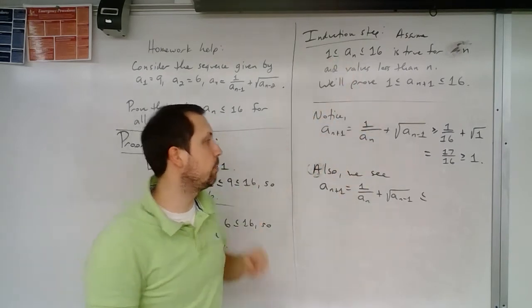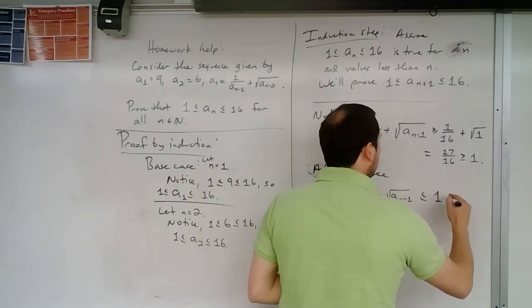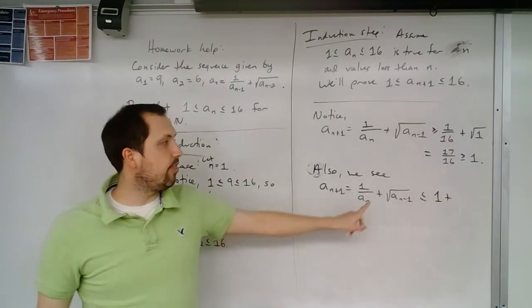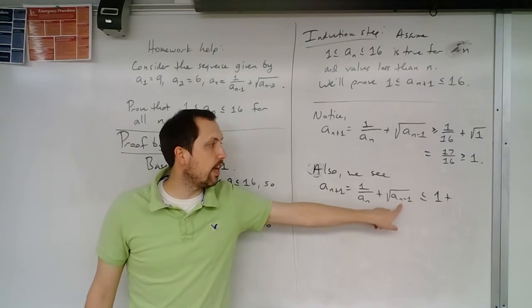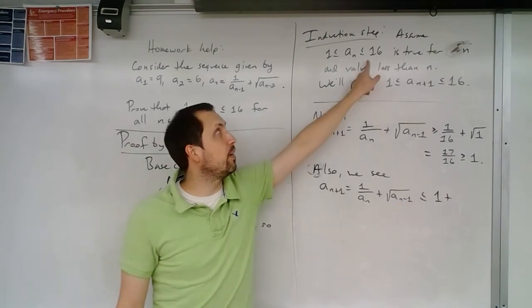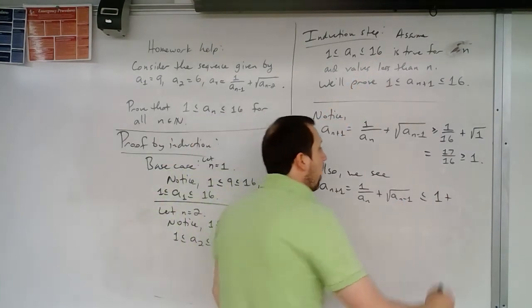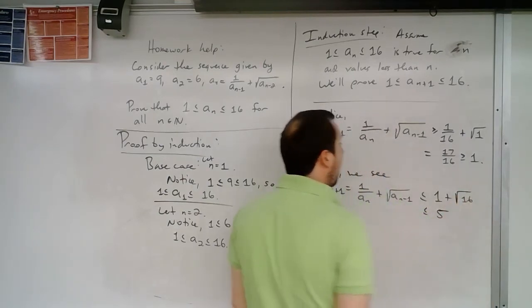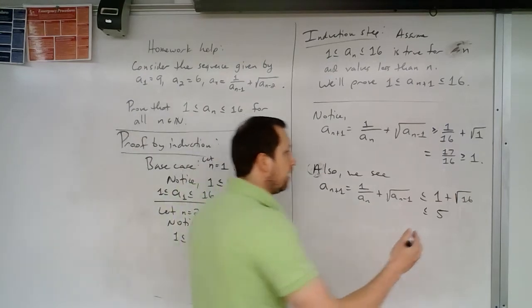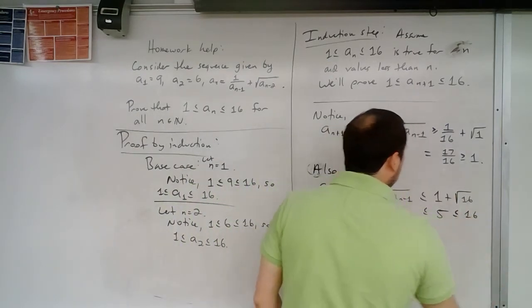Denominator is the smallest when it equals 1. So this is going to be 1. And then this expression here, the square root, is going to be the largest when the inside is largest. That's going to be when it's equal to 16. So I have plus the square root of 16. And so this is always less than or equal to 5, which obviously is less than or equal to 16.